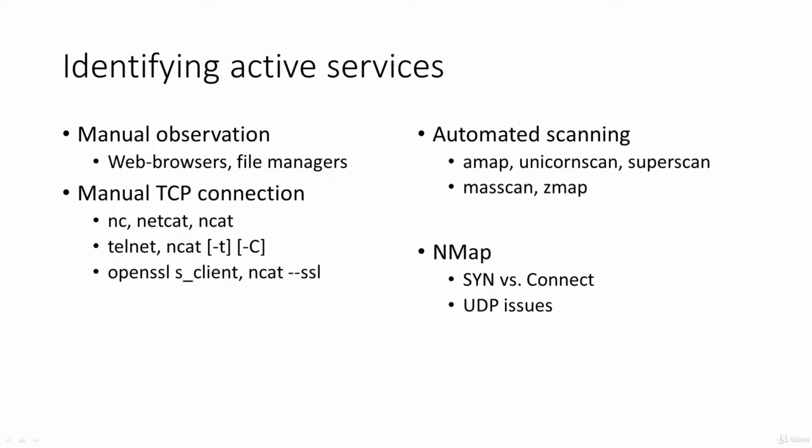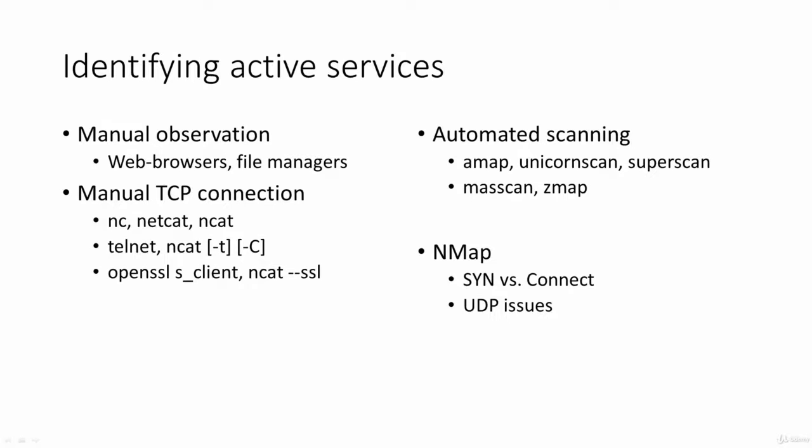Okay, so what can we do in order to identify active services? First of all, we can just use them legitimately. We can employ file managers of our operating systems or web browsers to attempt connections to file shares, possible web servers or web services, and so on.